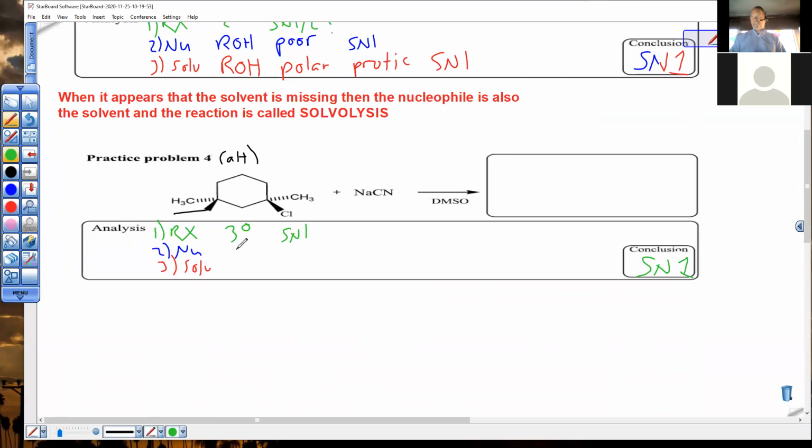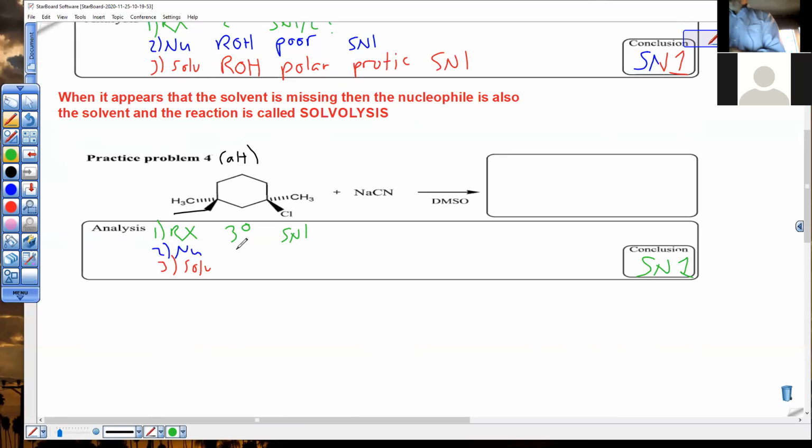Tertiary can't do SN2. Why? The real answer why it can't do SN2 is it became a cation before there was any backside attack even possible. There's an alternate reason that's not as important because the cation happened first. But the alternate reason is the backside's blocked. But the thing became a cation before the nucleophile even could consider coming to the backside. Anyway, I'm just talking. Tertiary, SN1, that's your answer.